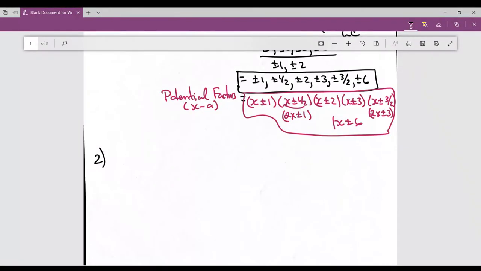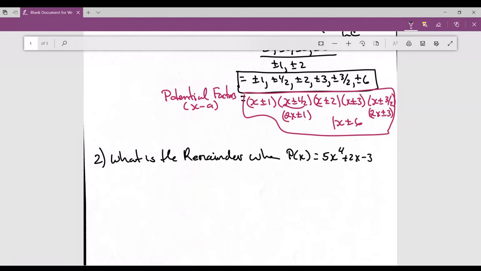So what is the remainder when p of x, which is 5x to the fourth plus 2x minus 3, is divided by, oh, let's do a fraction, 2x plus 1.